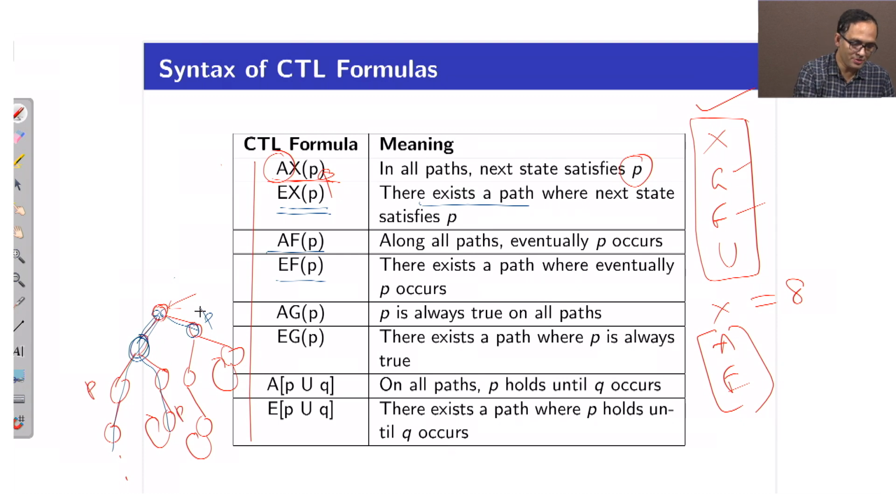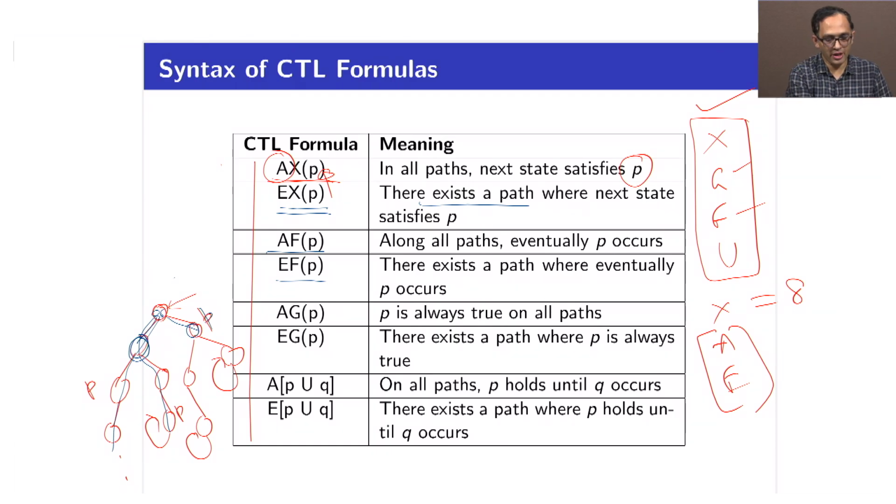So, I have these three states where P holds. Now, I am checking AF P, it means for all paths, in the future P holds. There are many paths; this is one path, this is one path, this is one path, this is one path. So, let us say there are 4 paths.